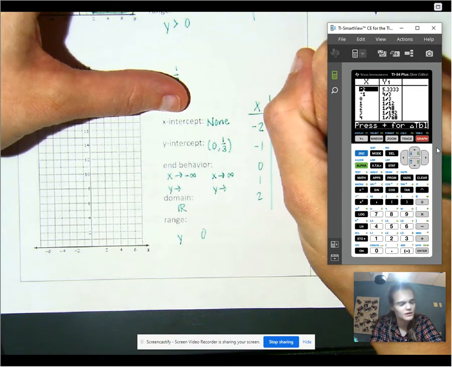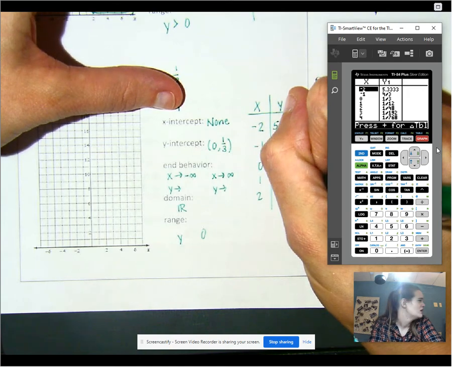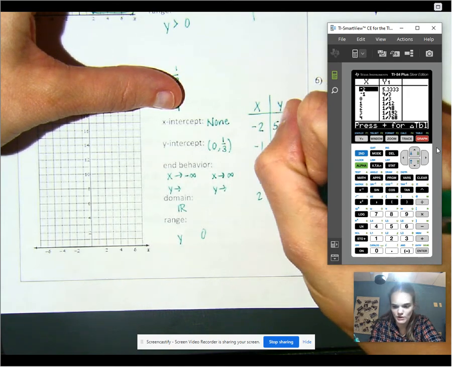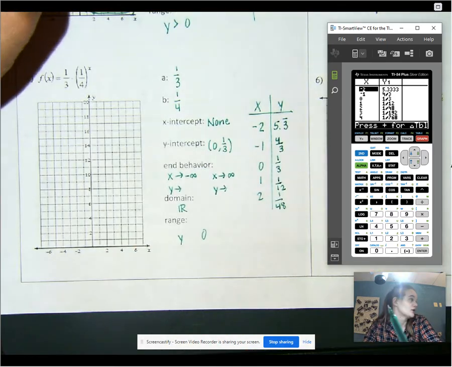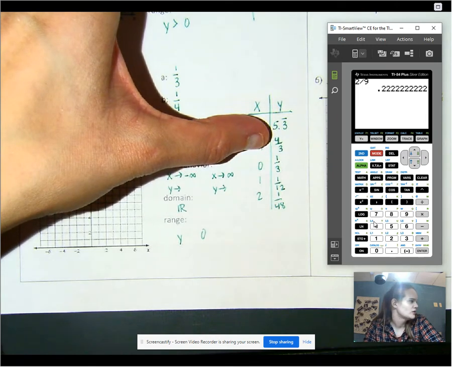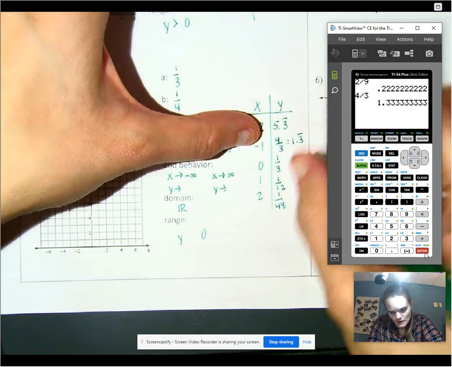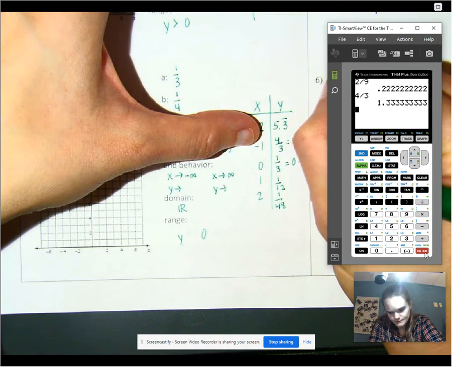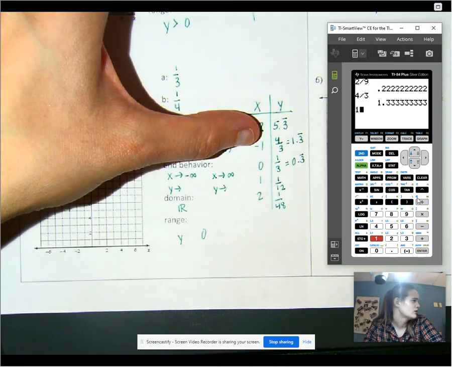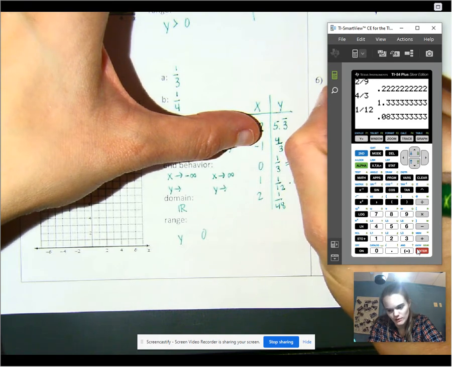5.3 repeating, 4/3, 1/3, 1/12, 1/48. We need to go to a calculator screen then because we are going to need to divide some of these. 4/3 is 1.3 repeating. 1/3 is 0.3 repeating. 1/12 is 0.083 repeating.